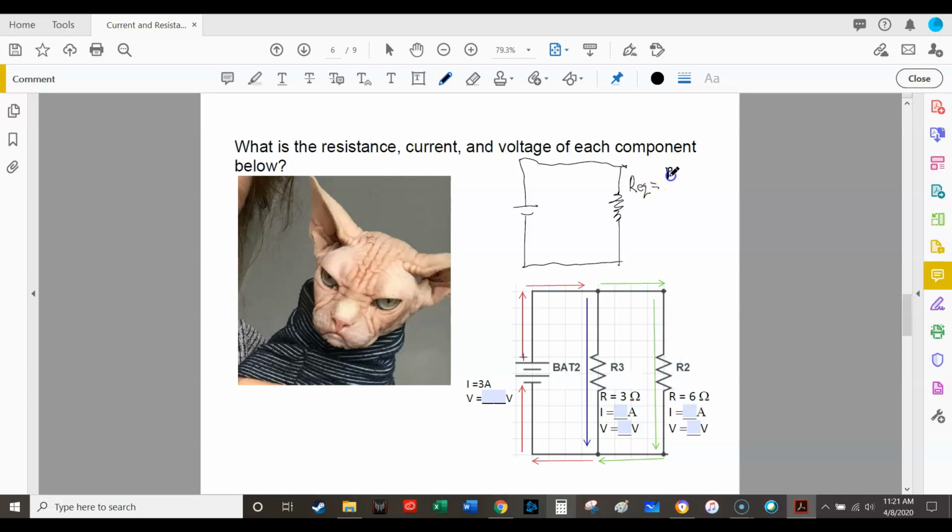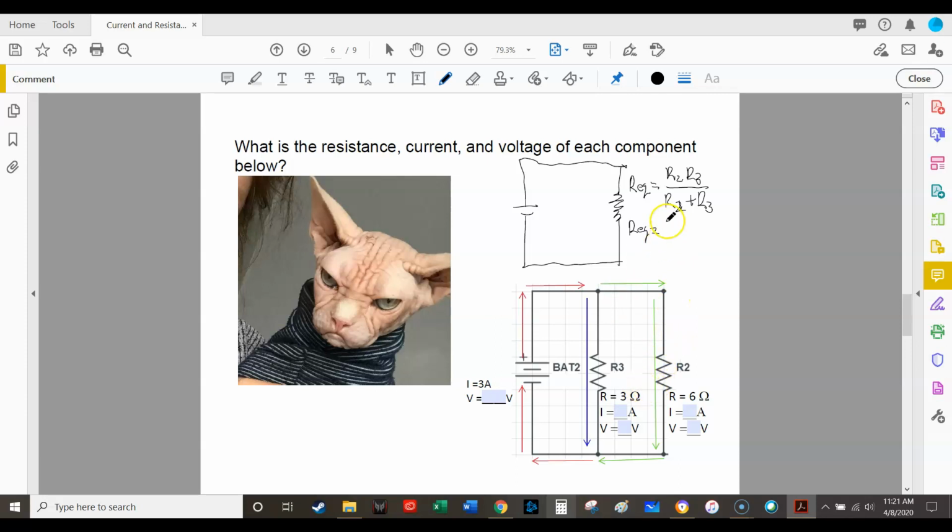And what we learned is that it's R2 times R3, the product over the sum. And this should be a 2. There we go. You may not get a whole number in this part, but after you multiply it by the voltage and current, you'll get a whole number. But in this problem, we do get a whole number for the overall resistance.